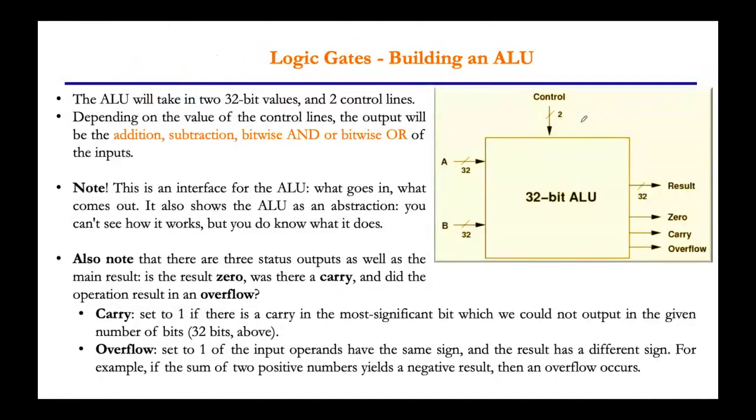As a result, for these numbers 1 1 1 1 0 1 and 1 0 1 1 1, we have found the result 1 0 1 0 1 0 0. So here you can see the carry bit.